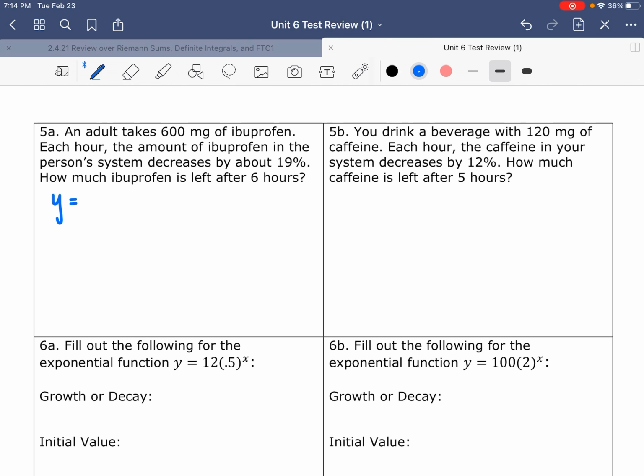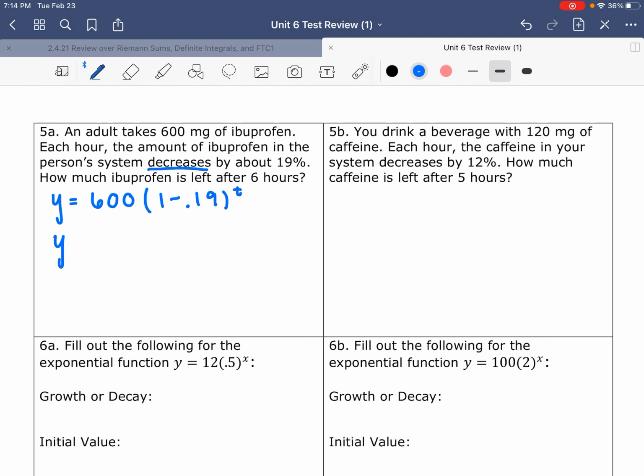So that's going to be the 600 that they started with. Whatever the initial amount is goes outside of the parentheses. Then it's a percent, so I'm going to have a 1. And it's decreasing, so I'm going to be subtracting. 19% as a decimal is 0.19. It's going to be to the power of t.